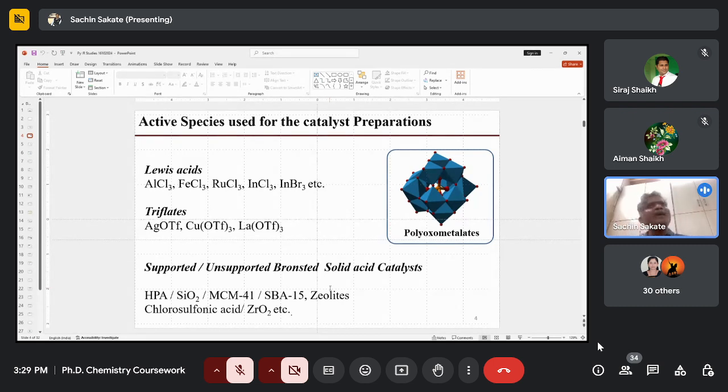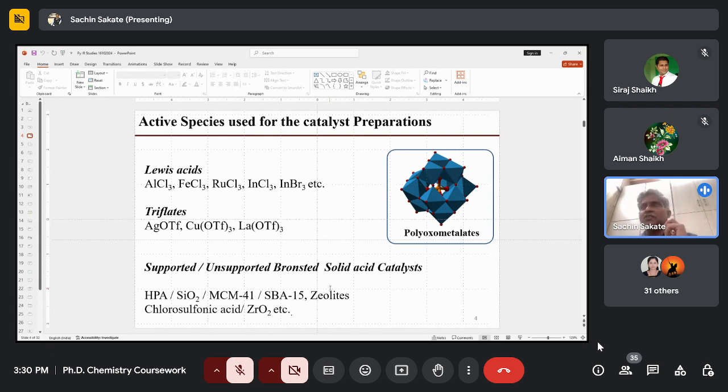One of the best examples of these polyoxometallates are the heteropolyacids. Into that class there is a very well studied Keggin structure, and also the Dawson structure.